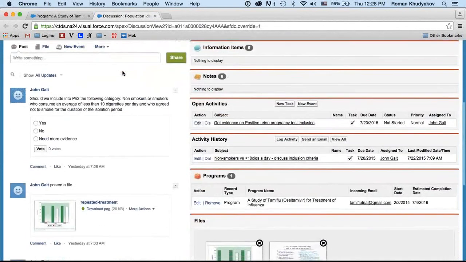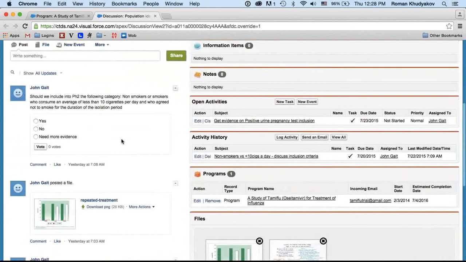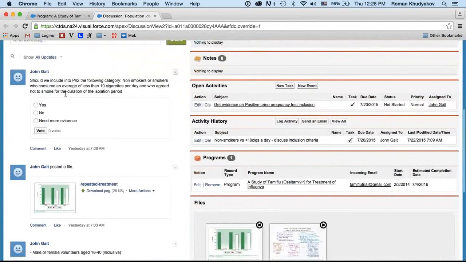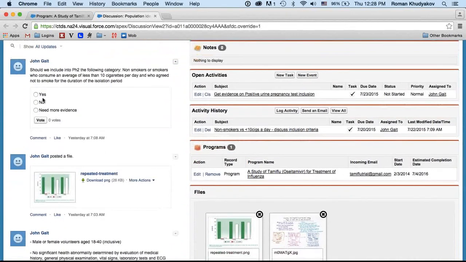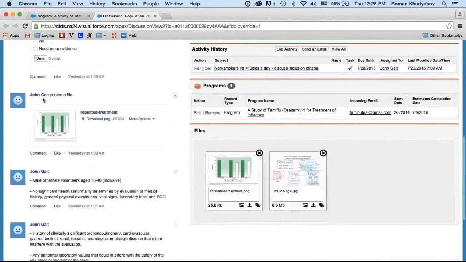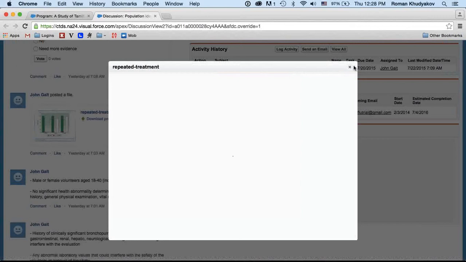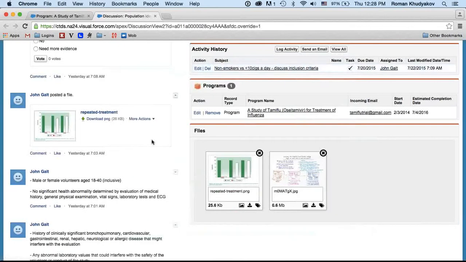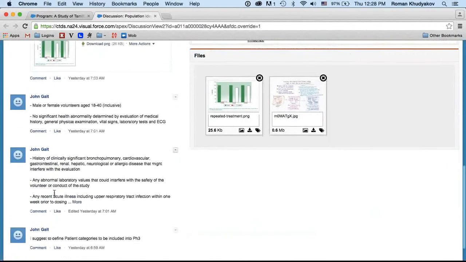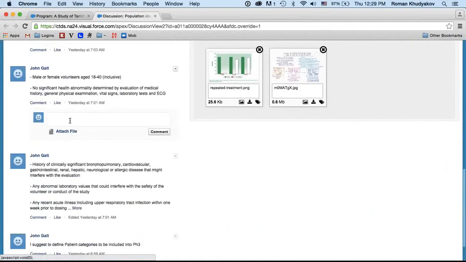And here you can see that different people are asking different questions, suggesting to vote for different inclusions or exclusions to our population categories. Some of them may share different images or charts or files, and others can suggest their ideas.